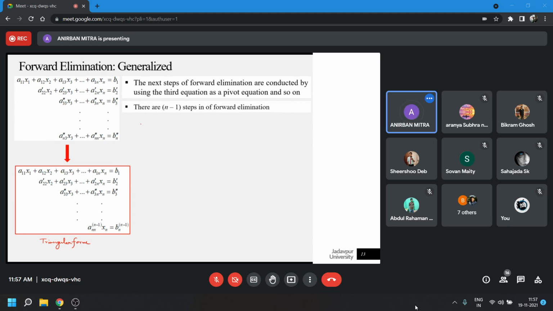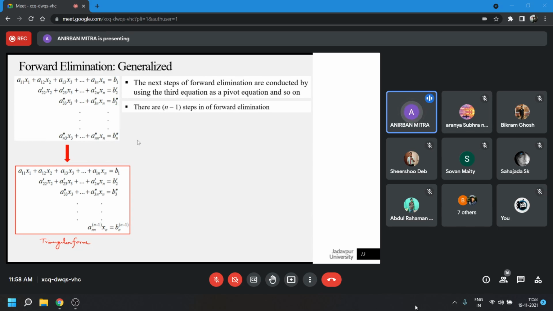Now, there are quite a lot of things to control over here. For example, the pivot equation keeps on changing from one step to the other. So there would be n minus one number of steps in forward elimination. Each will have different pivot equations. So that is one varying factor.